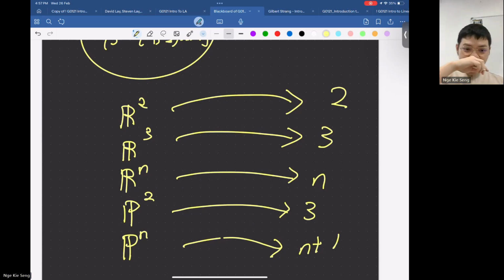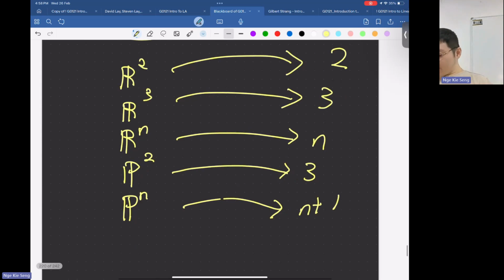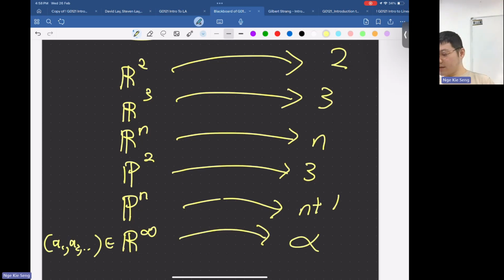Maybe we didn't prove it, but I'll let you know that, for example, R infinity that we showed last time, the infinite sequences, this dimension is infinite. You should imagine the basis here should be the standard basis also, but this standard basis never ends, because there are infinite terms here.